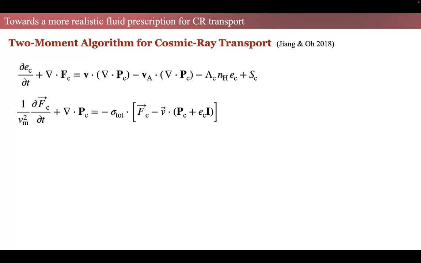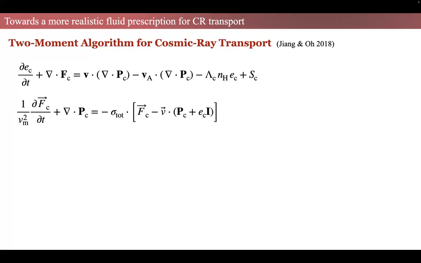So one single cosmic ray fluid, and the scheme is composed of 2 equations. The first equation describes the evolution of the cosmic ray energy density. The second equation describes the evolution of the cosmic ray energy flux.